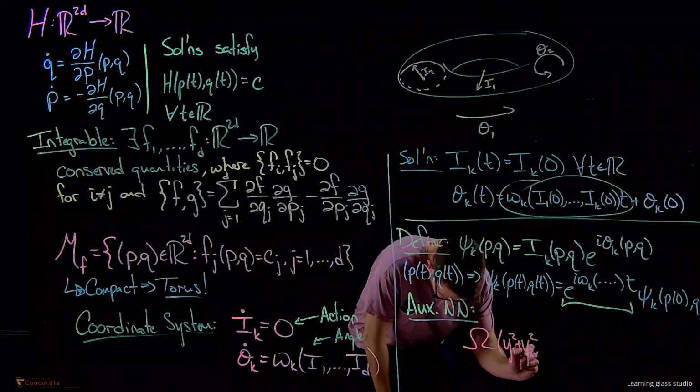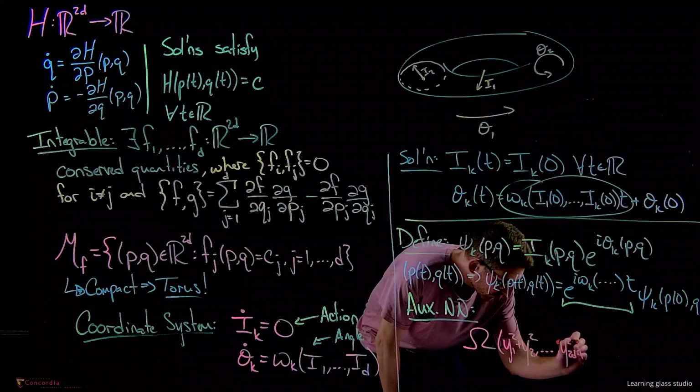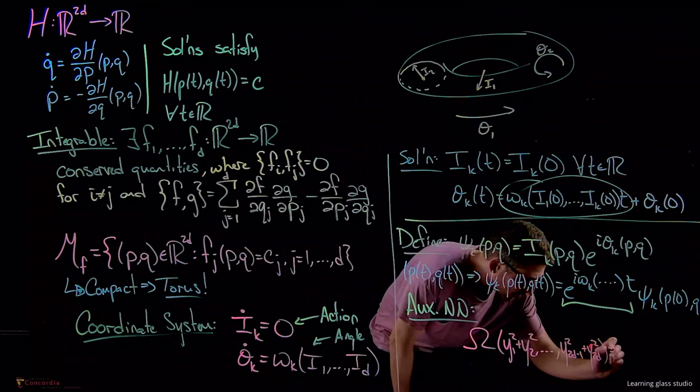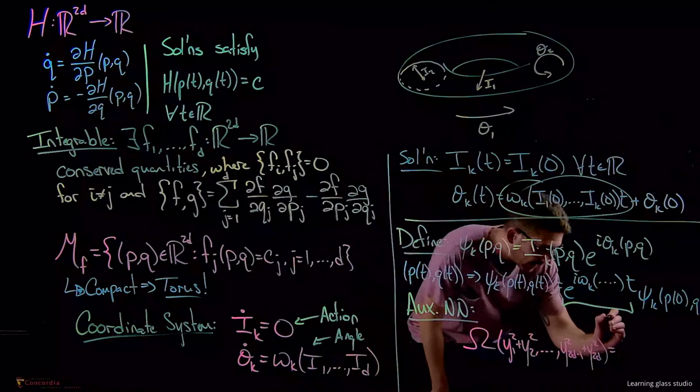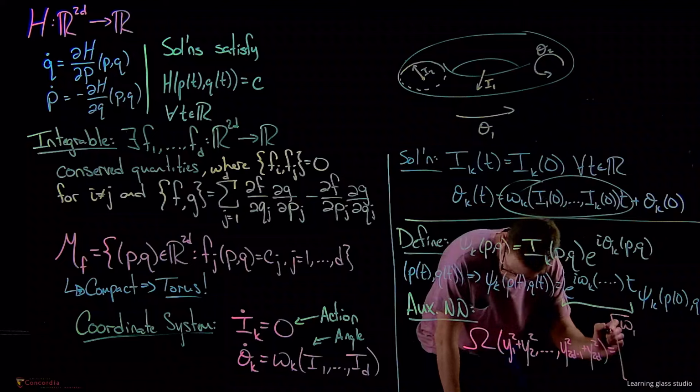And then all the way up to y_{2d-1} squared plus y_{2d} squared, and the output of this is going to learn the frequencies, right?